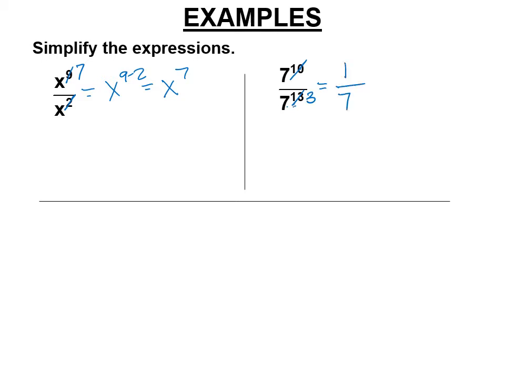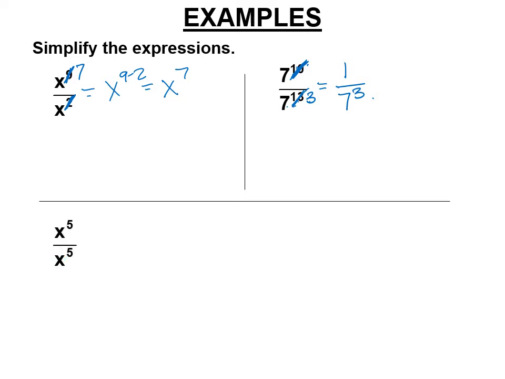So it's 1 over 7 cubed. Instead of doing 10 minus 13 like this way, which some teachers do, we're going to just cancel this 10. There's 10 of them there. That cancels 10 of these, and there's 3 left, 1 over 7 cubed. We canceled this 2 and canceled 2 of these 9 and had 7 left.